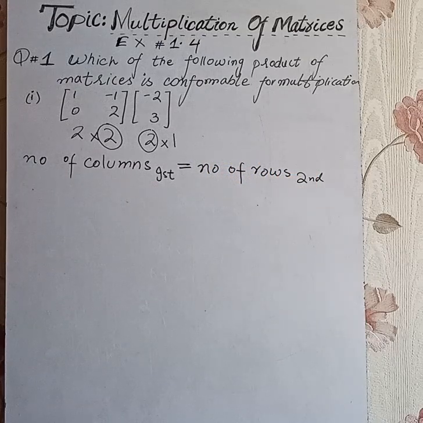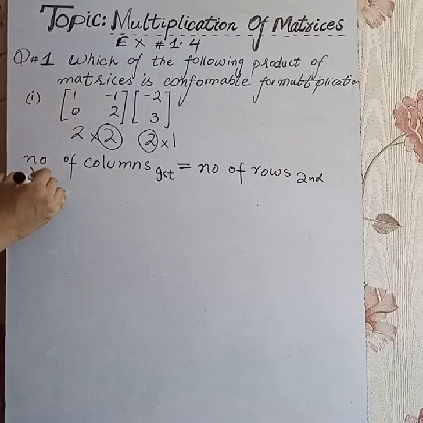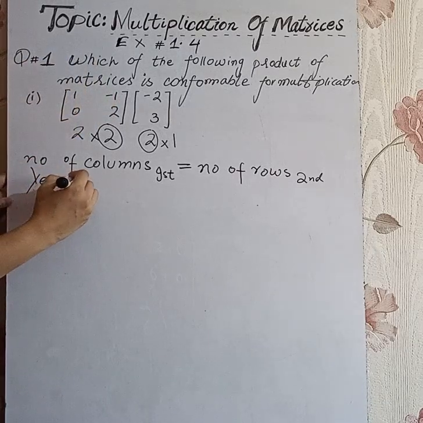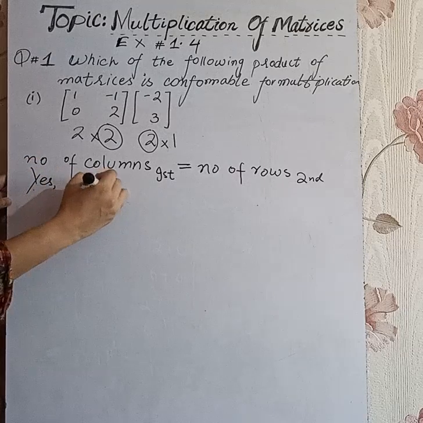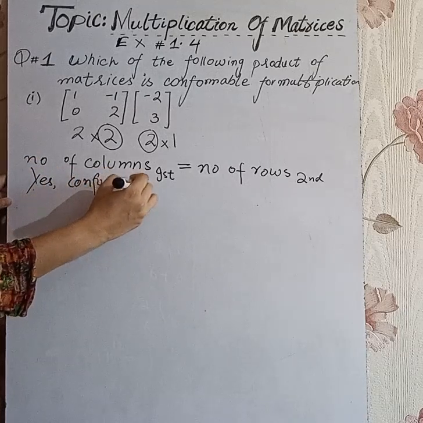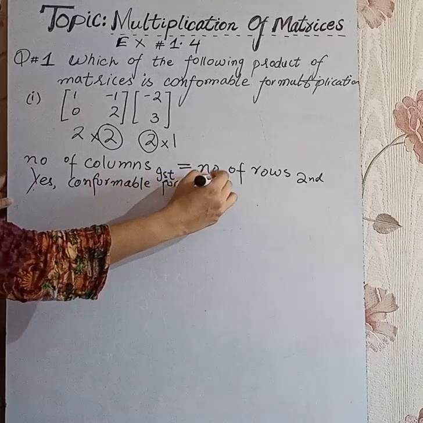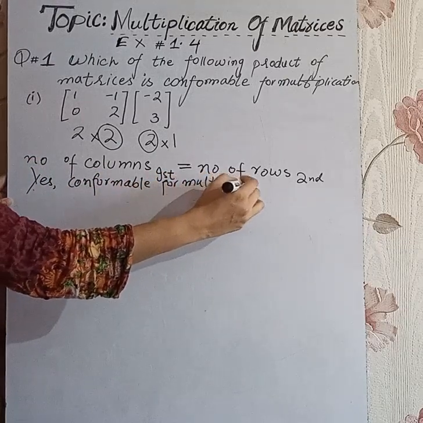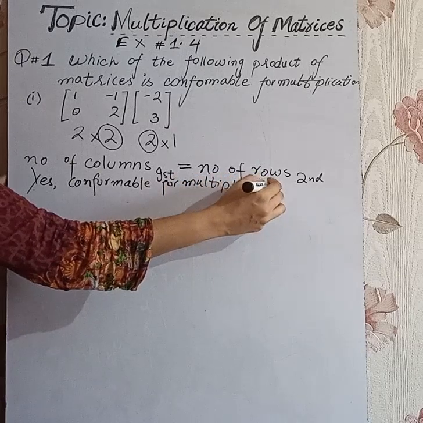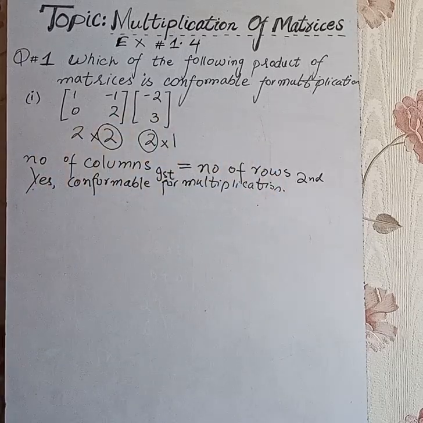If the number of columns of the first matrix is equal to the number of rows of the second matrix, then we can say that these matrices are conformable for multiplication. Yes, they are conformable for multiplication. Meaning to say that we can multiply them.